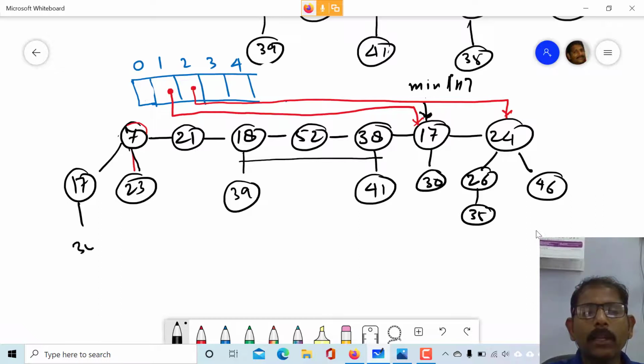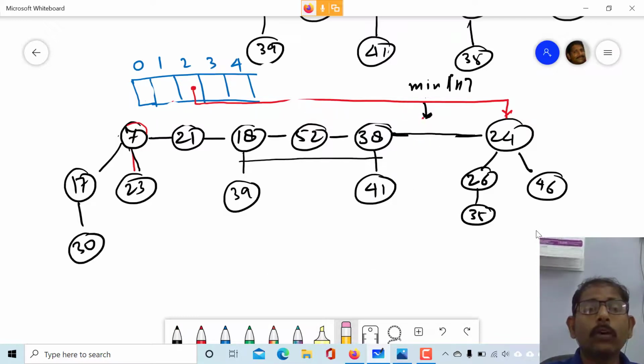Now this will be deleted from here. Its degree is 2 now. So again there will be contention because 2 is already occupied here. The same contention will happen between 7 and 24, because 24 has the higher value.